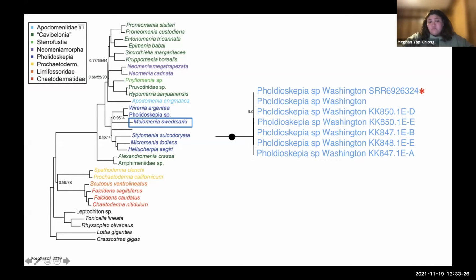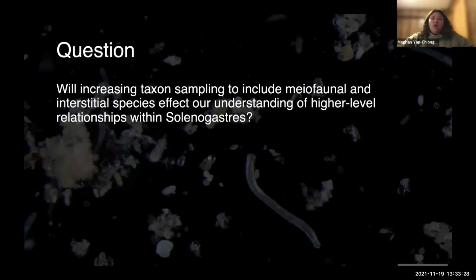And so for the second part of my master's, we wanted to look at whether, if we increase our taxon sampling of this transcriptome-based tree to include interstitial and meiofaunal species, that is going to change how we think about higher-level relationships within Solenogastres.